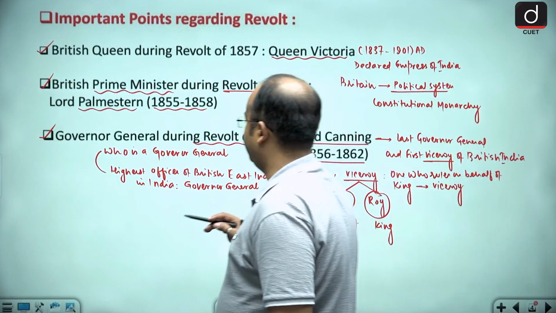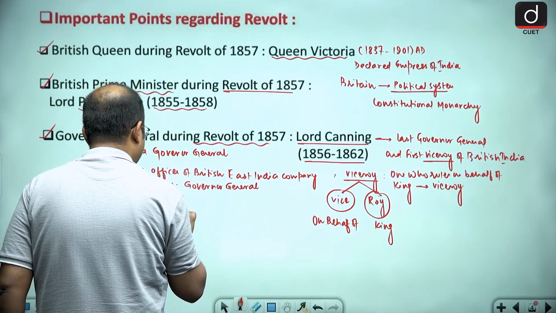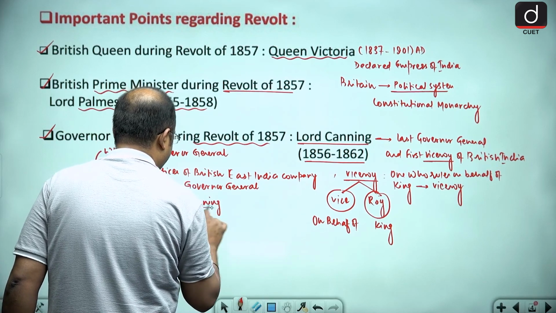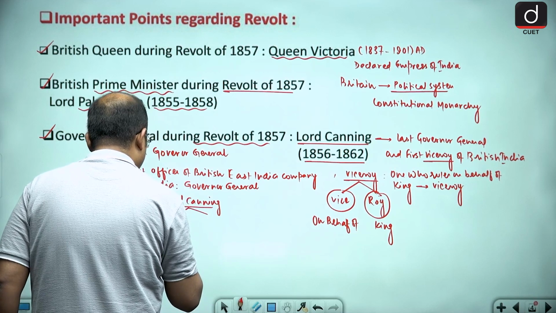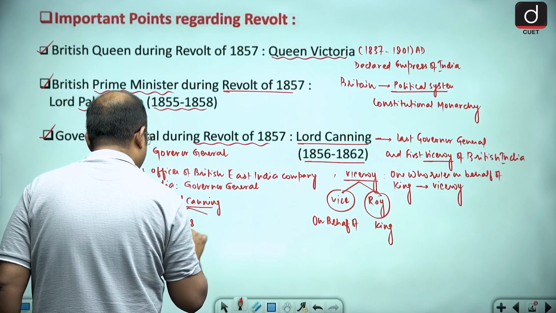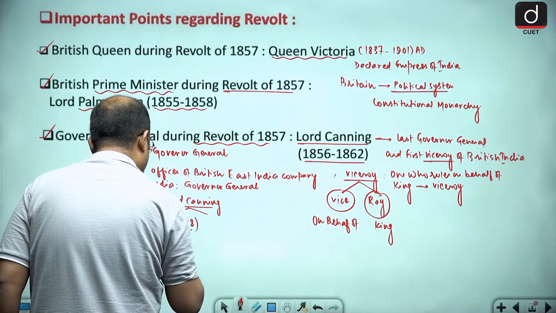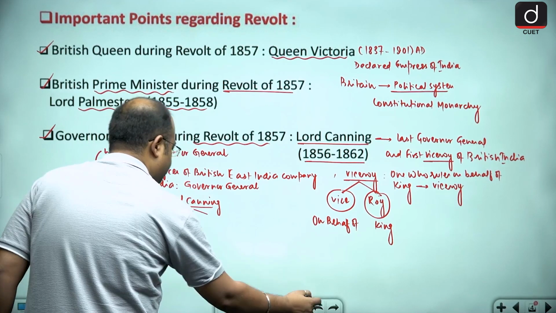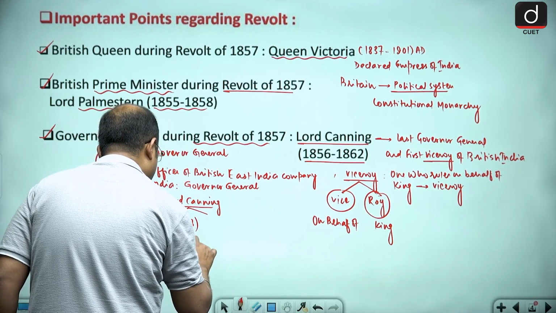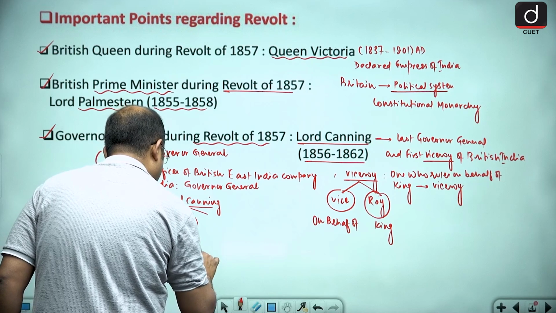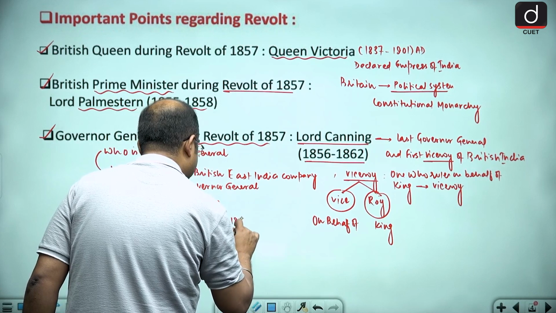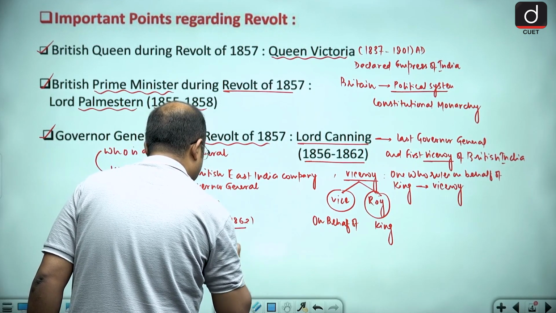And you will find, my dear learners, that from 1856 to 1858 he worked as Governor General, and from 1858 to 1862 he worked as Viceroy.